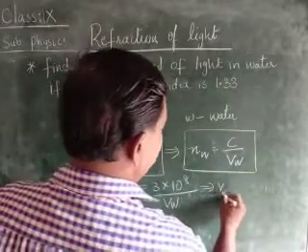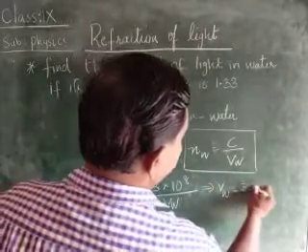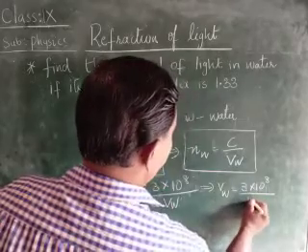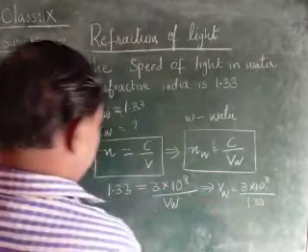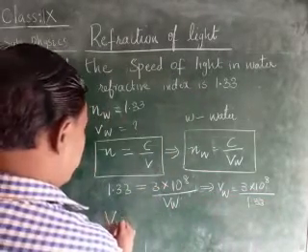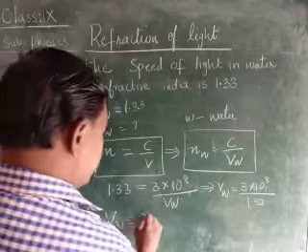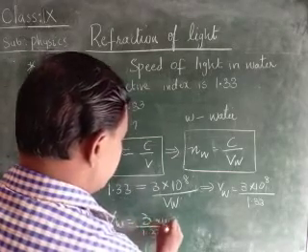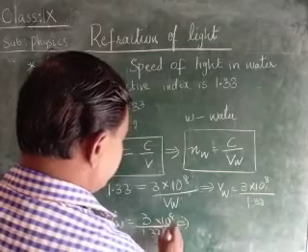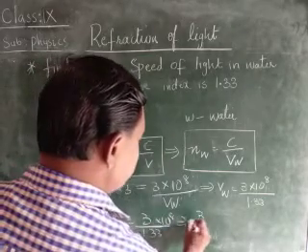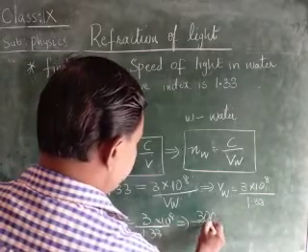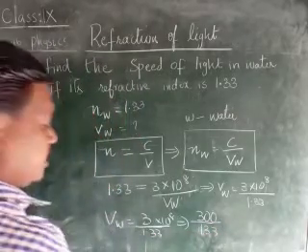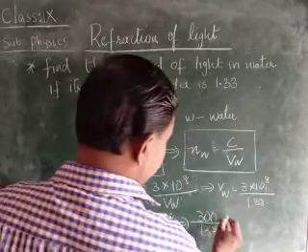Here v_w is equal to, by cross multiplication, 3 into 10 to the power of 8 by 1.33. Actually v_w is equal to 3 by 1.33 into 10 to the power of 8. We write this as 300 by 133, because we write 1.33 as 133 by 100.